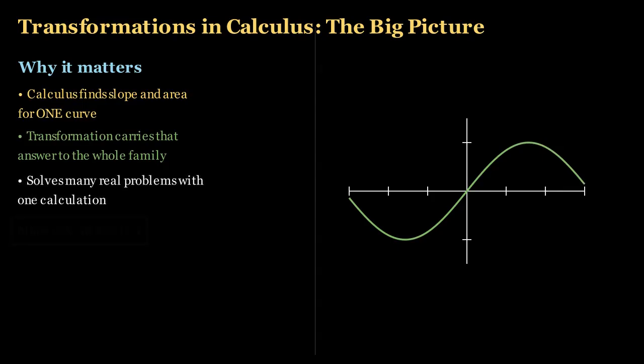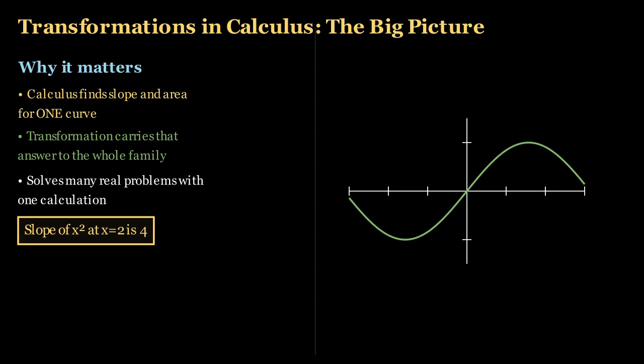It is like knowing the recipe for one cake and then just scaling the ingredients for a bigger or smaller one. This connects algebra to calculus. It means we can model a cannonball's height with a transformed parabola, where the shift tells us where it was launched from, and the stretch tells us how strongly gravity pulls on it, and then use calculus to find its speed at any moment. Let's see why this works.